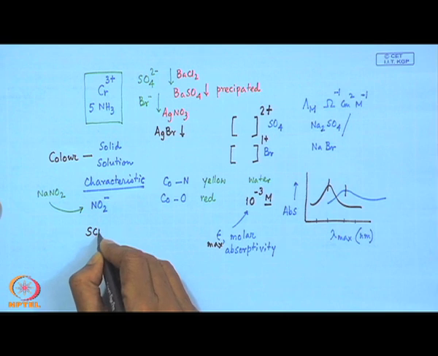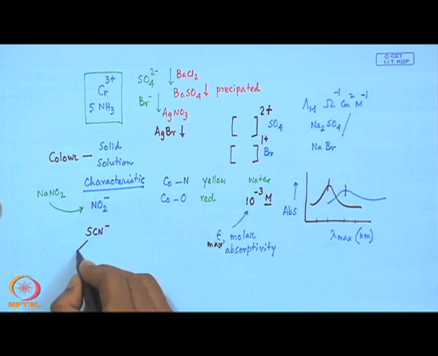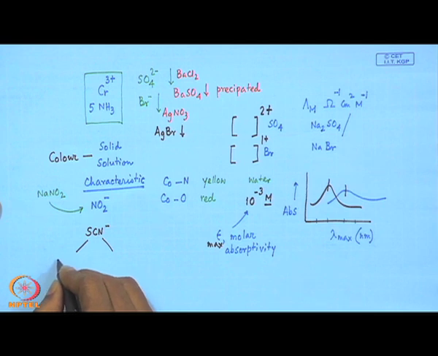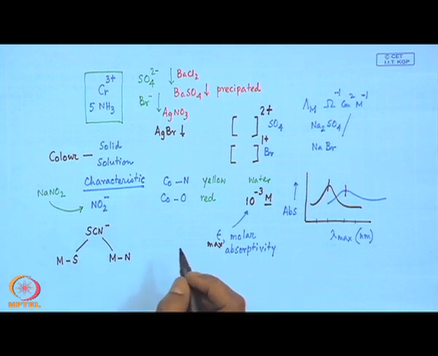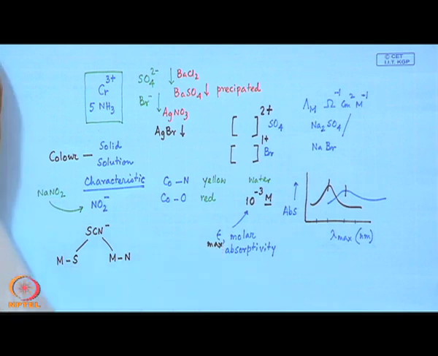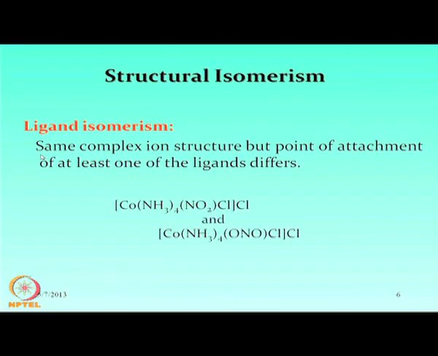Like the thiocyanate anion, we can have the corresponding metal sulfur bond if it is attaching through sulfur, and a metal nitrogen bond if it is attaching through nitrogen.